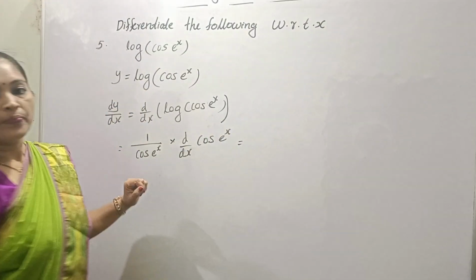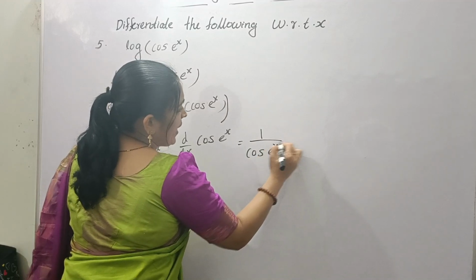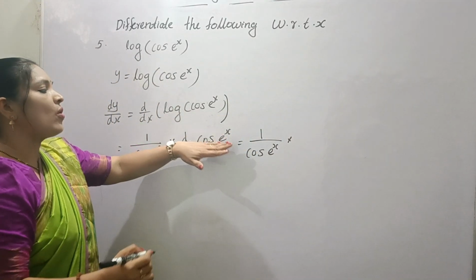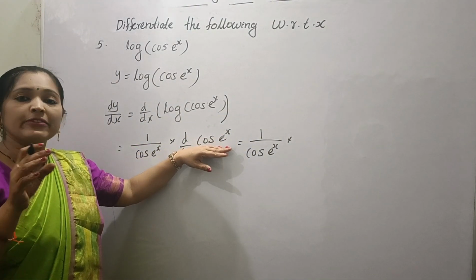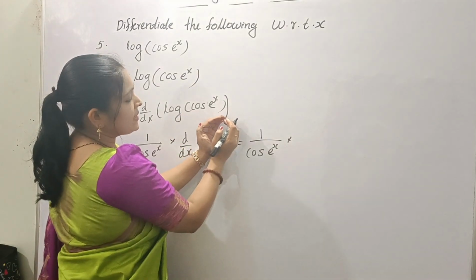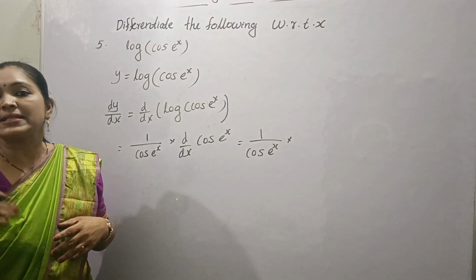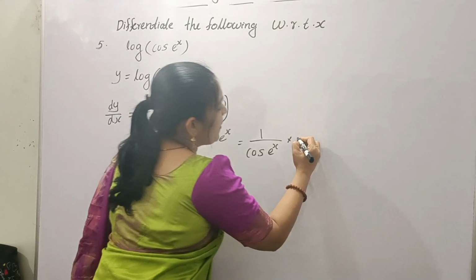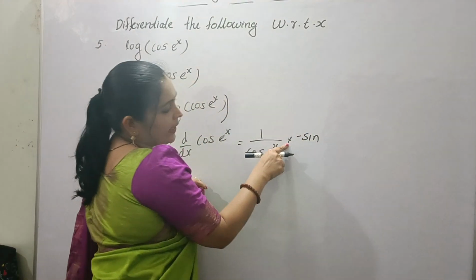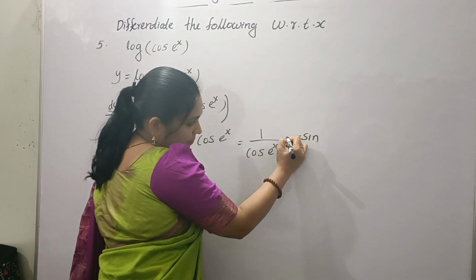That is equal to 1 divided by cos e raised to x into the derivative of cos e raised to x. What is the derivative of cos x? Minus sin x. Here you just take it as x. So what is the derivative of cos x? Minus sin x, right? So here minus, it is into, multiplication, not a subtraction.